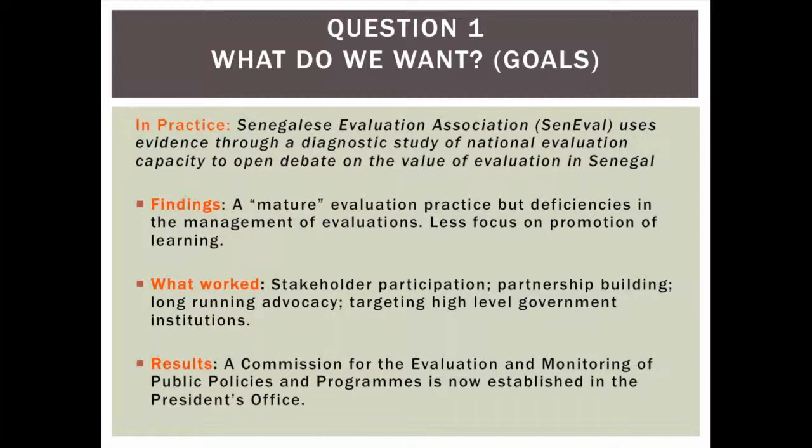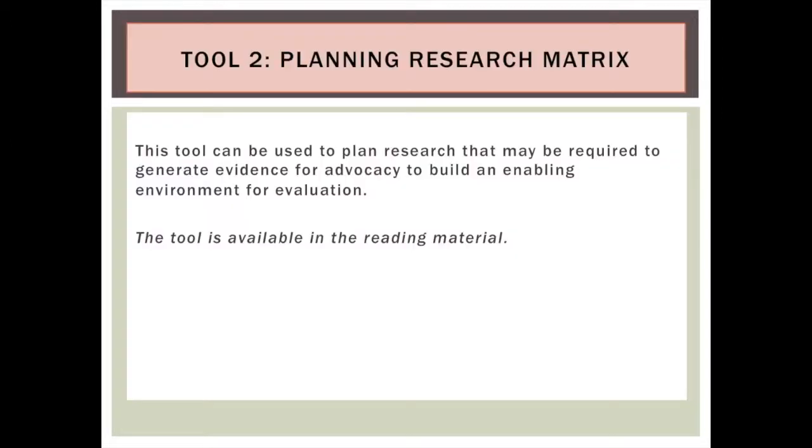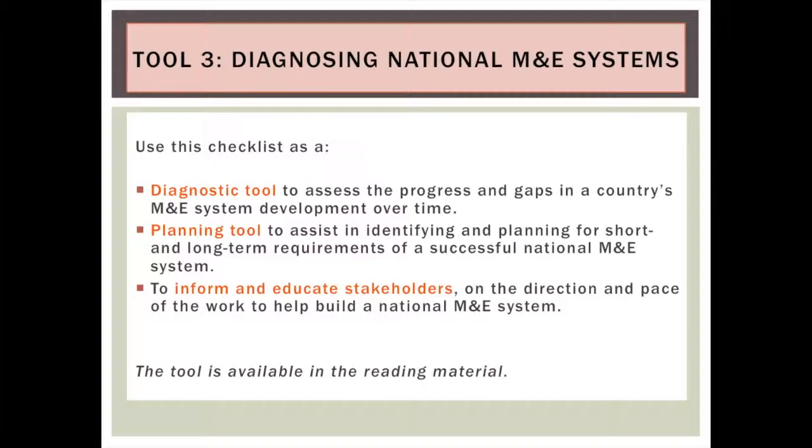In terms of how we can go about generating evidence for evaluation advocacy, there are 2 useful tools. The first tool is a matrix that can be used to plan research that may be required to generate evidence for evaluation advocacy. The tool is available in the reading material at the end of this lecture. The second is a tool that can be used to diagnose the national M&E systems and generate evidence for advocacy.